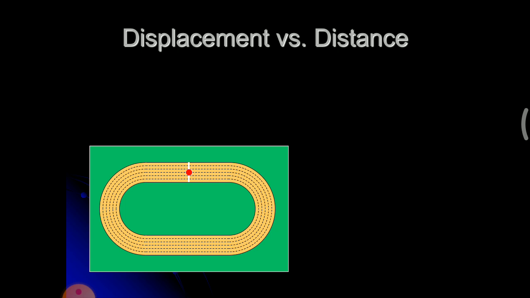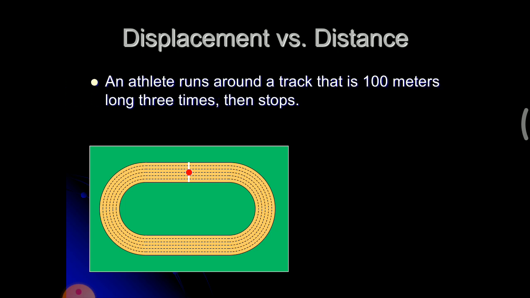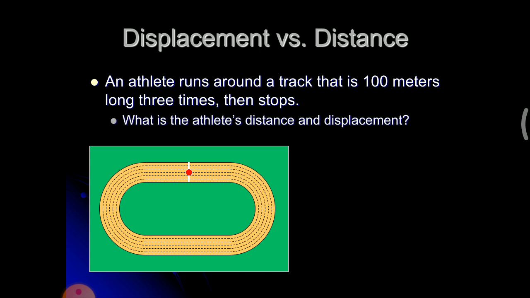Displacement versus distance. An athlete runs around a track that is 100 meters long 3 times, then stops. You have to calculate the distance and displacement in this case. What is the athlete's distance and displacement?